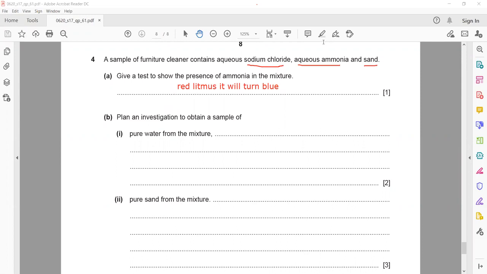Next, plan an investigation to obtain a sample of pure water from the mixture. So we want pure water from the mixture. We have aqueous ammonia and dissolved salt. So we can use simple distillation here.